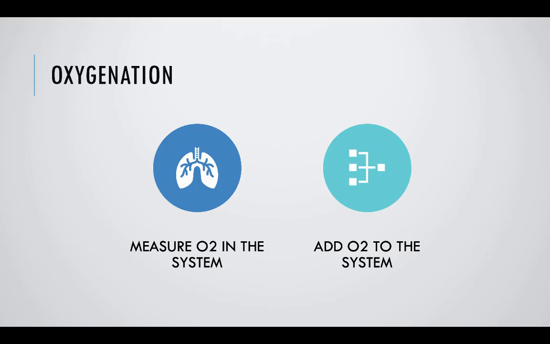But when we're dealing with oxygen and oxygenation, we're looking for measurement of oxygen within our system, and we're also looking potentially to add oxygen to the system. So once we measure it, is there an inadequate amount, and can we add some oxygen into our patient's system?